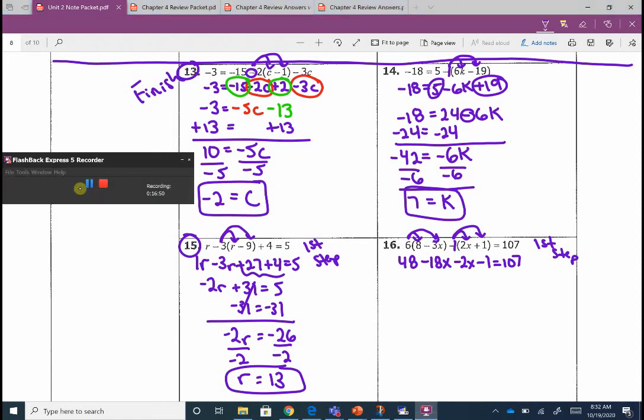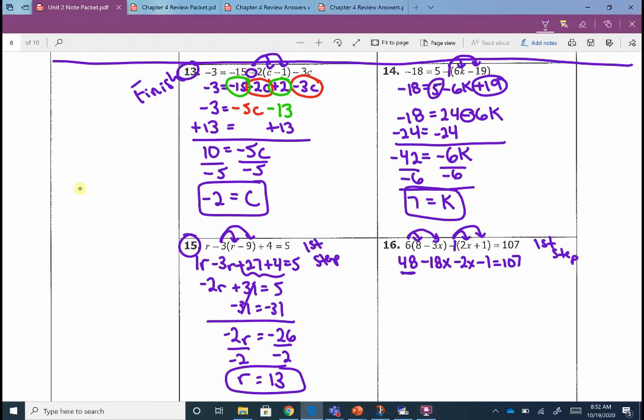So go ahead and put those like terms together. We just have to be careful that we watch our signs. A couple of you that I've helped with this, we have to watch those negatives. We have a 48 and we have a minus 1 or a negative 1, however you'd like to say that. So we're going to get a 47.